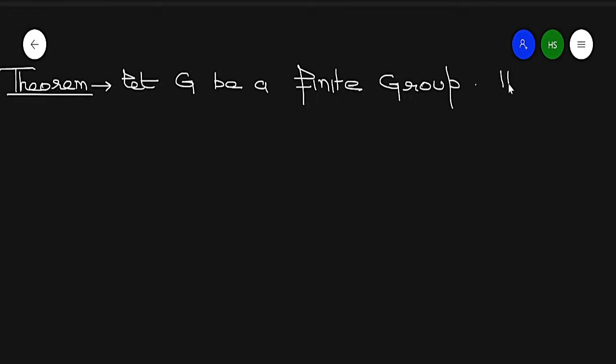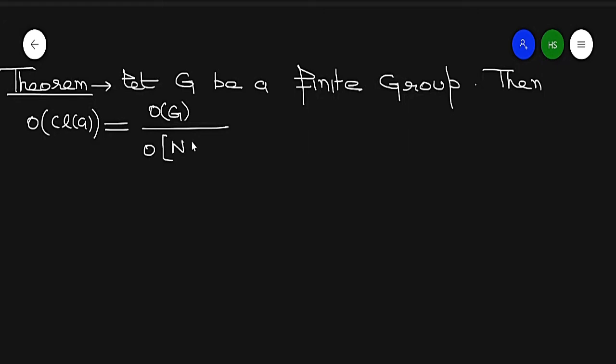Then the order of the class of A, that conjugate class we already found, is equal to the order of G over the order of the normalizer of A. Remember this value. It is also the index of N(A) in G. Remember that. Now the solution.